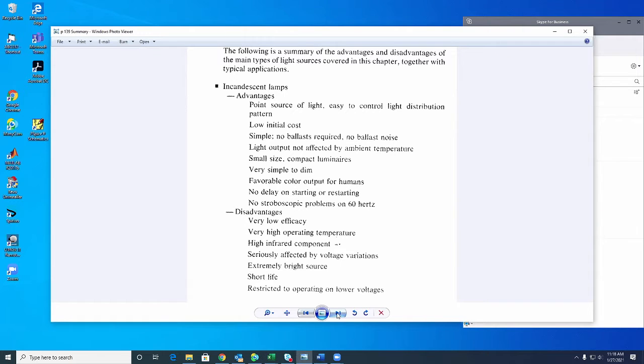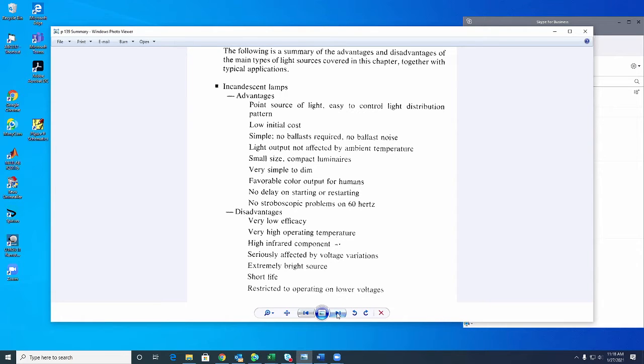Okay, so here are summaries. Incandescent lamps, advantages. Simple, no ballast required. So remember, the fluorescent and the high intensity discharge lamps need ballasts, because they need to make a discharge in the gas. The incandescent doesn't need a ballast.